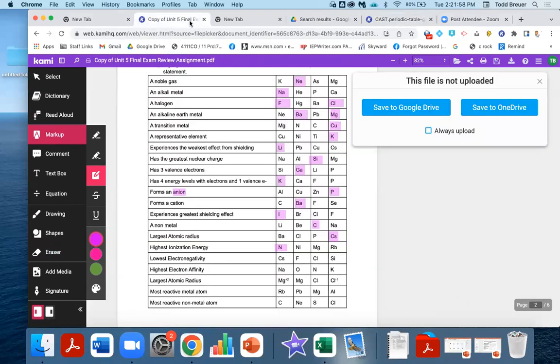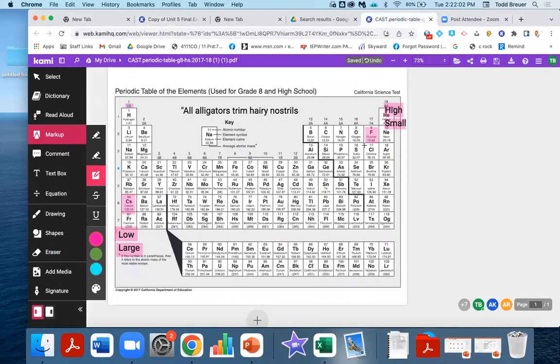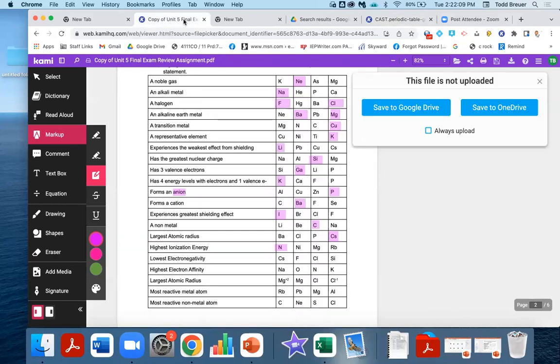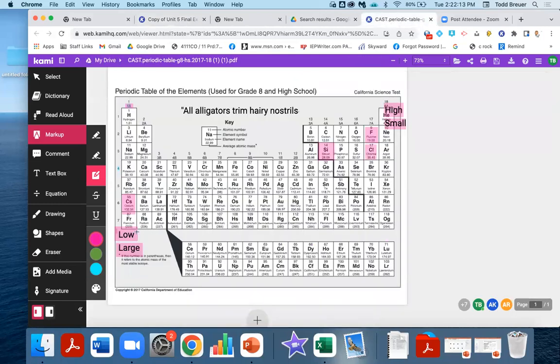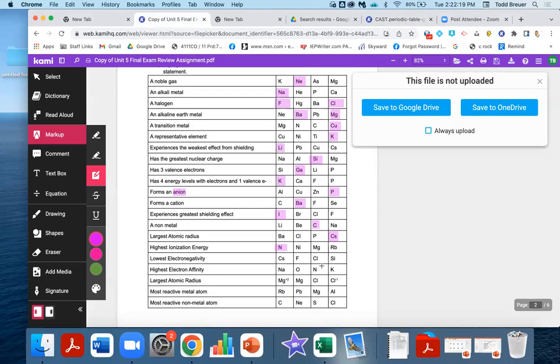Let's go back and check the list again. Chlorine, silicon. Chlorine, silicon, and in this case, it's asking for the lowest electronegativity. That would be closer to our lower left region. Cesium has a very low electronegativity. So our choice turns out to be cesium.